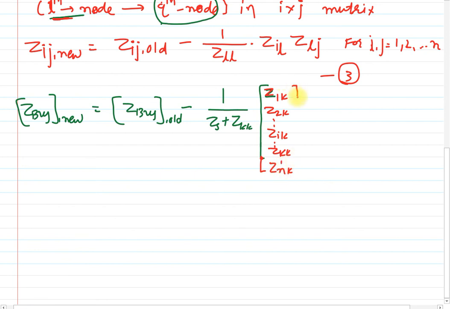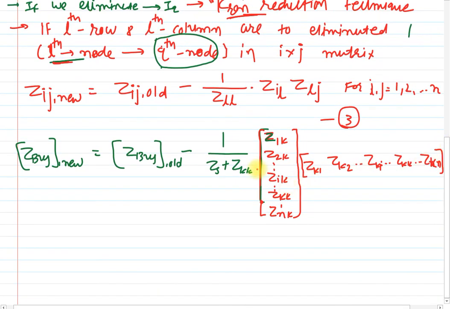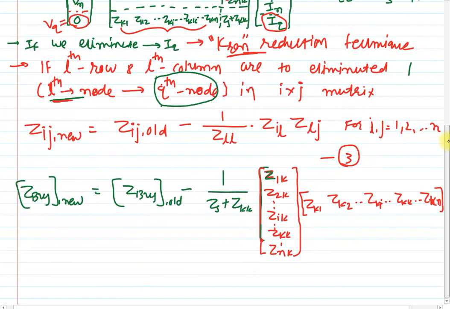Clear? And the transformation of this gives the row vector Zk1, Zk2, Zki, Zkk to Zkn. This is just the transformation of the column vector.